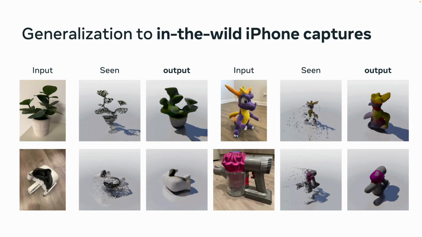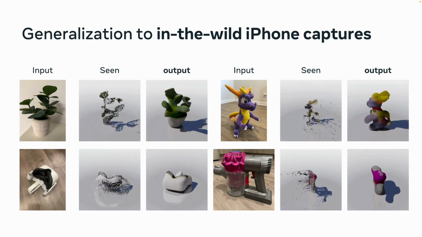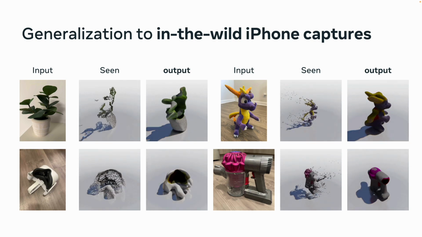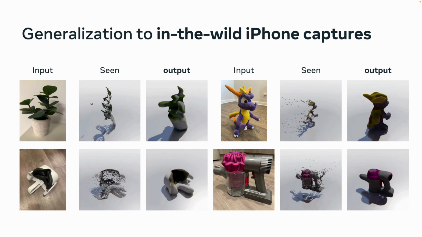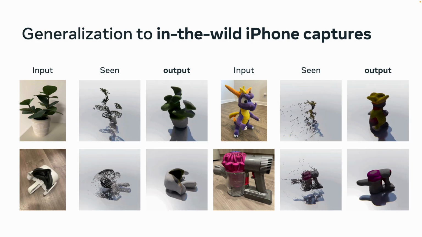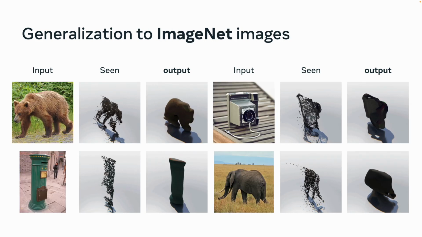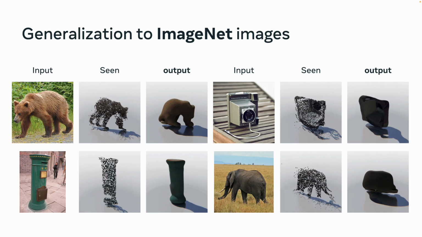To further test its generalization, we use our iPhones to capture a wide range of different objects in the wild, including a Quest 2, a Dyson, and even a spiral, which definitely is not part of the Co3D dataset. We see that MCC reconstructs all of them pretty well. We also test MCC on highly diverse internet photos from ImageNet.